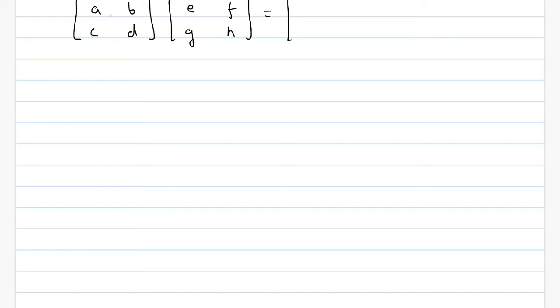So row into column. So it will be A into E and then B into G, and we add up.